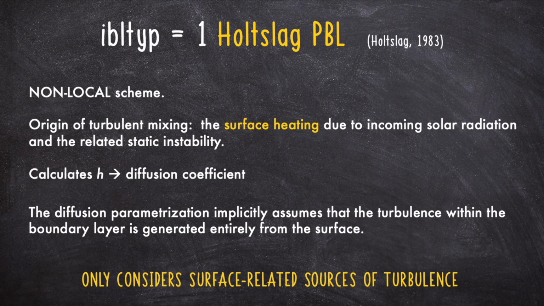It entirely neglects cloud-top radiative cooling as a source of turbulence. Without this source of turbulence, the occurrence of boundary layer clouds over the ocean will be limited to areas and times where surface-based convection or mechanical mixing is strong enough to transport moisture from the surface above the lifting condensation level.